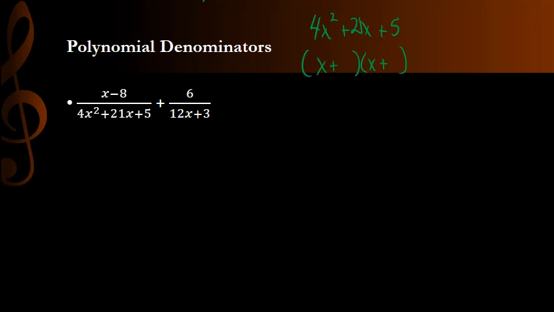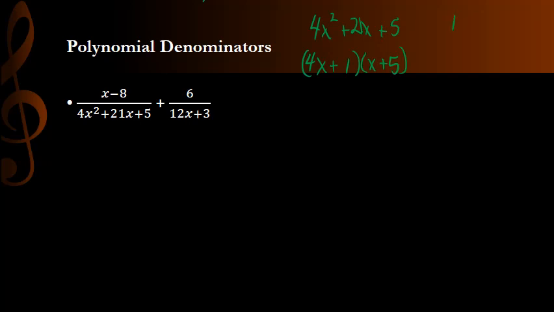I've got a coefficient other than 1 in my lead term, so I'm going to try 4 and 1. I could try 2 and 2, but since that's 21, I think I'll go with 4 and 1. Let's see, 4x plus 1, x plus 5 gets me there. 4x times 5 is 20x, 1 times x is 1x, that's 21x, and 1 times 5 is 5.